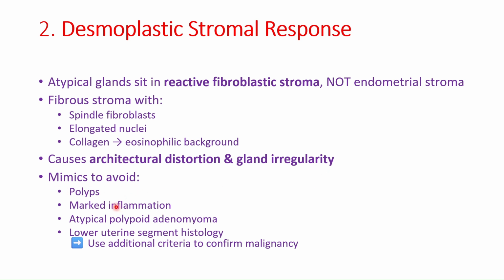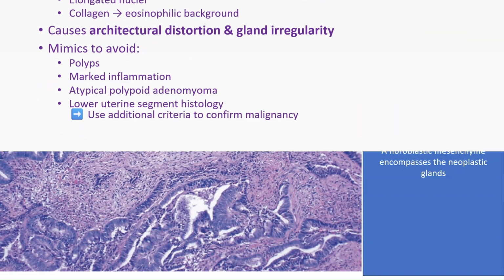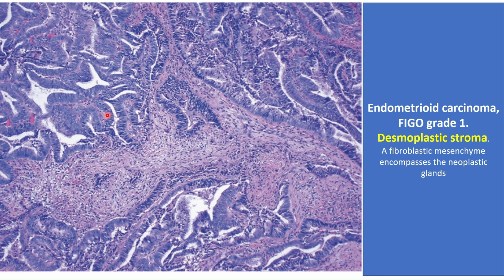So mimics to avoid are polyp, marked inflammation, atypical polypoid adenomyoma, and lower uterine segment histology. So these additional criteria we have to use to confirm malignancy, along with the presence of glandular irregularity and back-to-back arrangement. So here this is desmoplastic stroma.